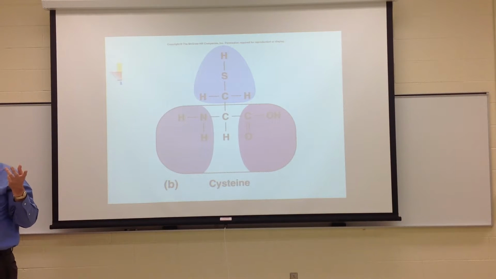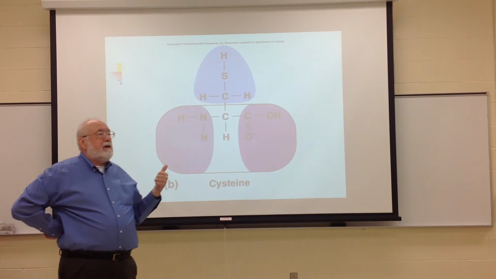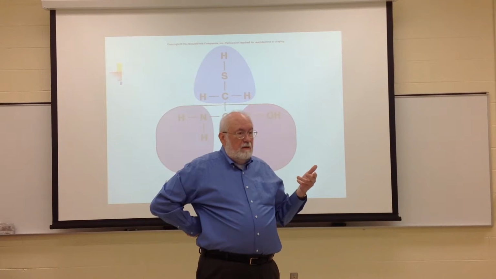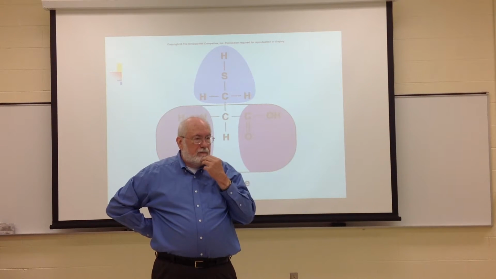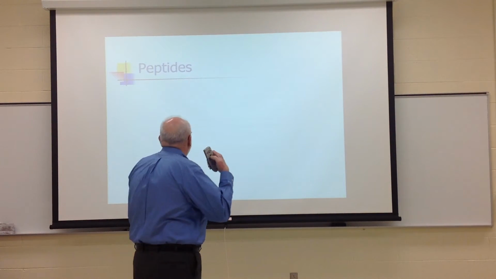All right? So when it comes to amino acids, it's always carbon, hydrogen, oxygen, nitrogen. Sometimes you'll see a sulfur. Sometimes you may see a phosphorus. All right? But the hydrogens and oxygens, never 2 to 1. Never. Okay? Now, what can we do with those?